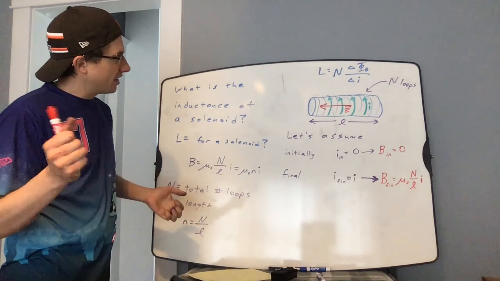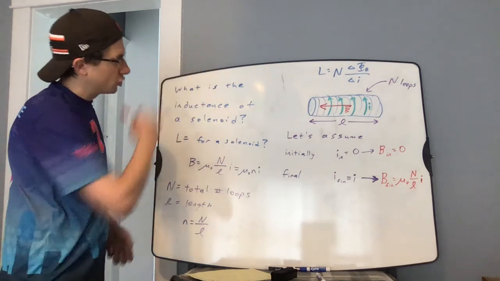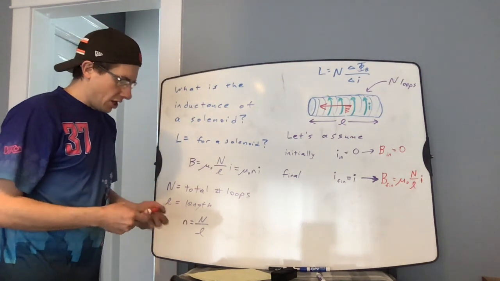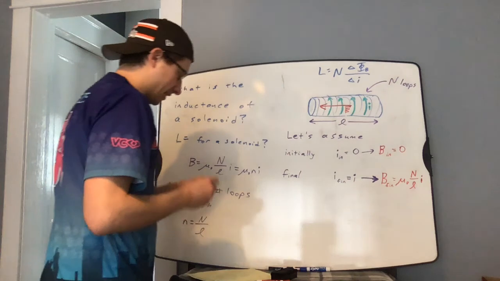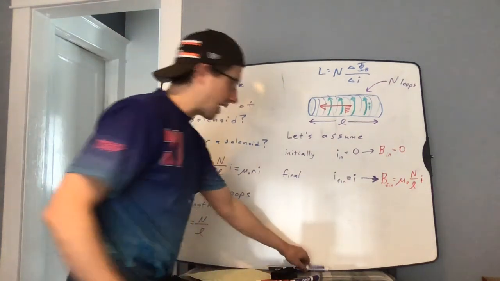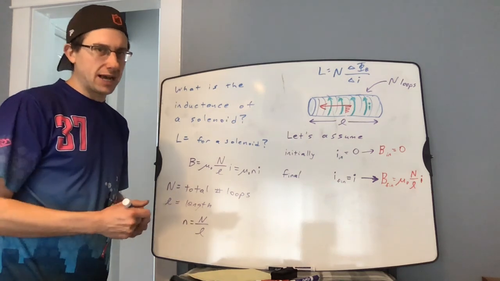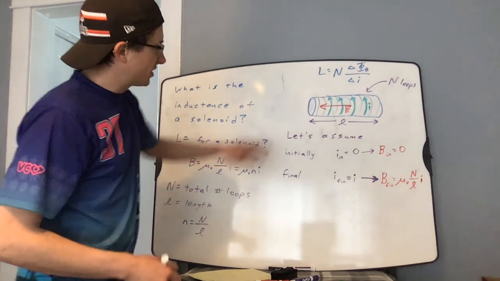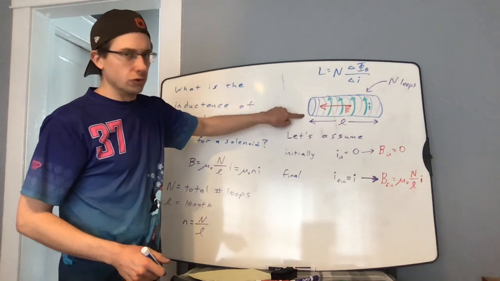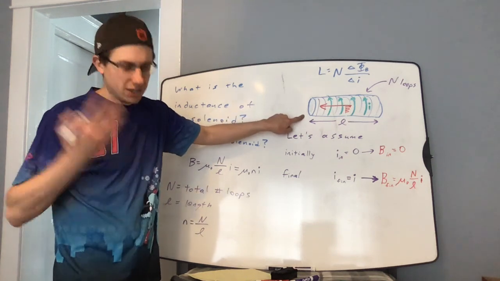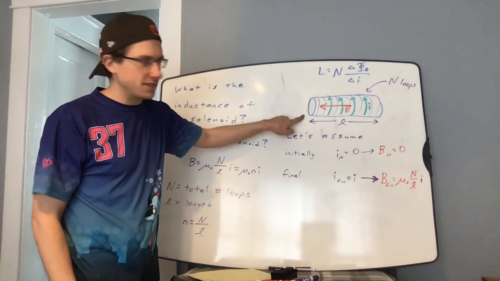Okay, what is the change in magnetic flux? Well, to find the change in magnetic flux for the solenoid, flux is going to be magnetic field times area, because the surface area of the loops never changes, so the surface area is going to be constant.